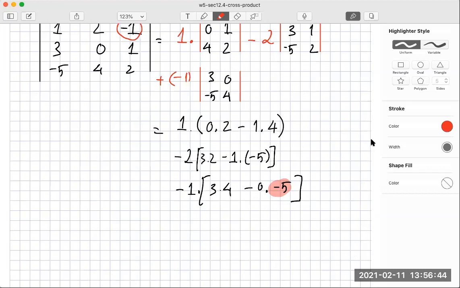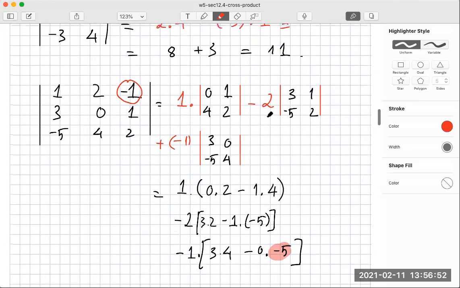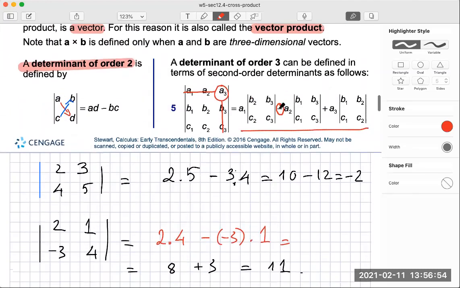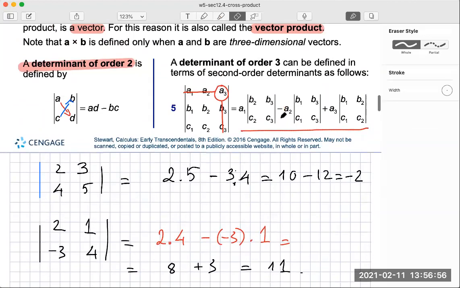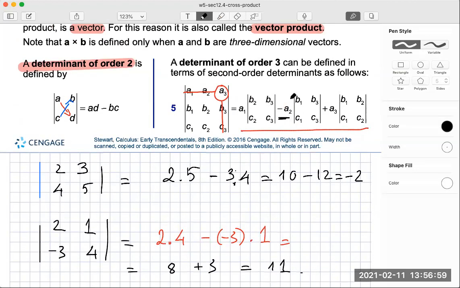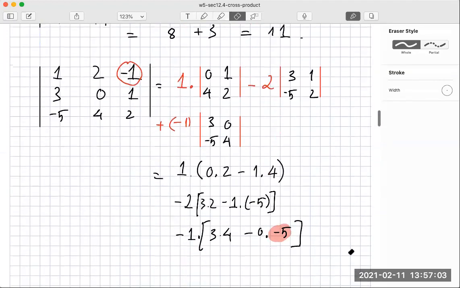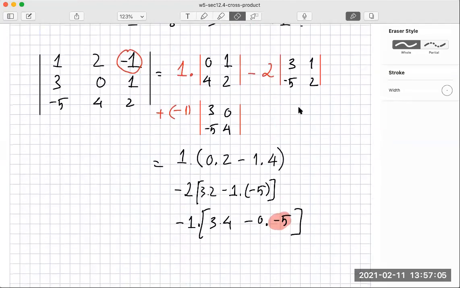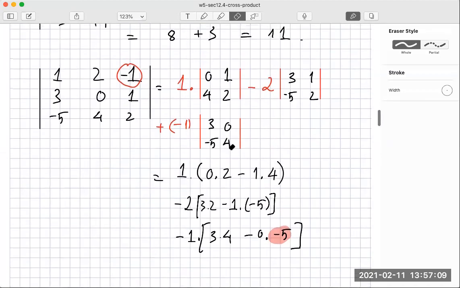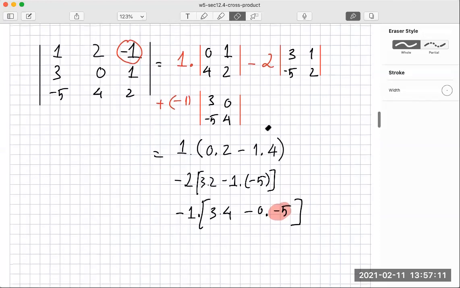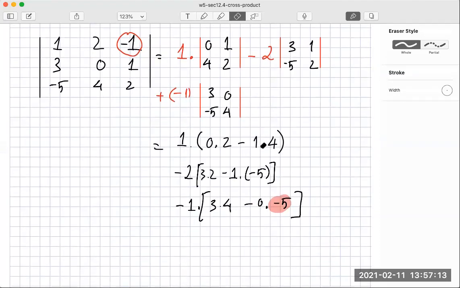Oh, -2 here, just a rule. Because remember, it's tricky right here, the negative sign. Okay, just memorize it. It's different from the other two. You will study it later in linear algebra. But for now, just memorize it.